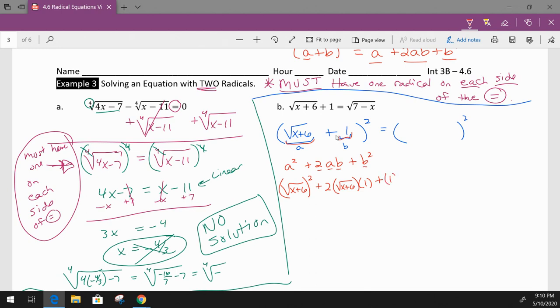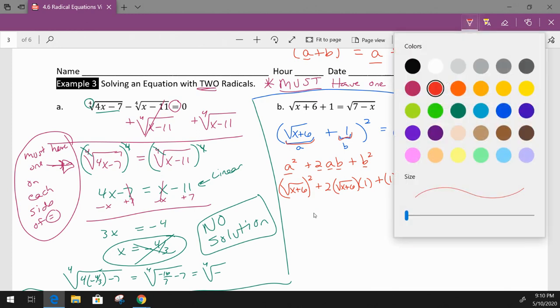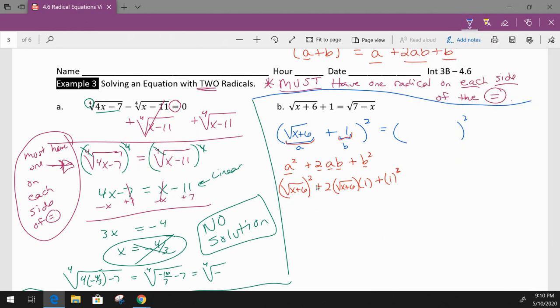So 1 squared. So that's our a squared, 2ab, and b squared. So when we simplify that now, the square and the square root go away. And you now have x plus 6 plus, now here the 2 and the 1, you can multiply those together.